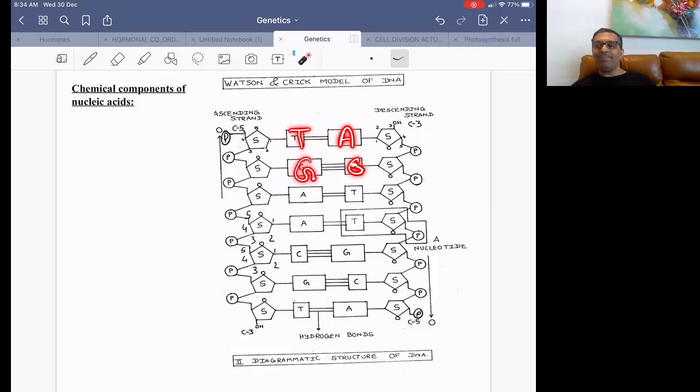Wow! But how? How can just four alphabets make such a difference?